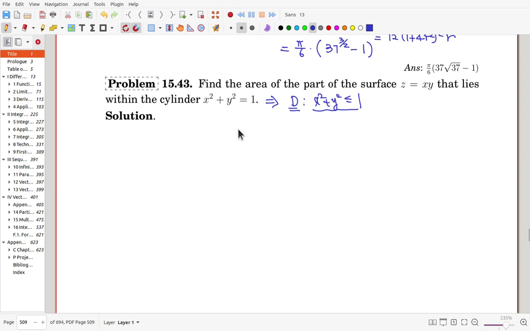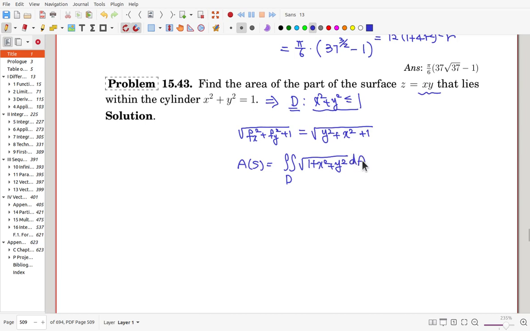First component is the square root of f sub x squared plus f sub y squared plus 1. Now this is f of xy, the x derivative is y, so y squared, and the y derivative is x, so x squared, plus 1. So the area of the surface must be the double integral over D of the square root of 1 plus x squared plus y squared, dA.